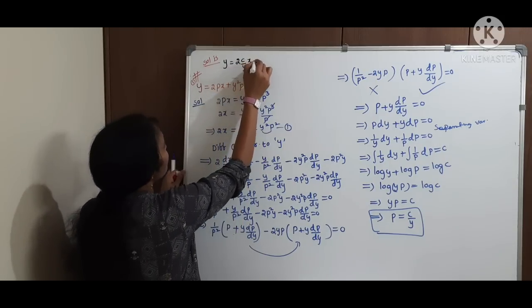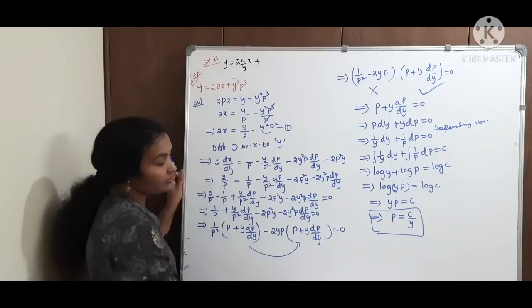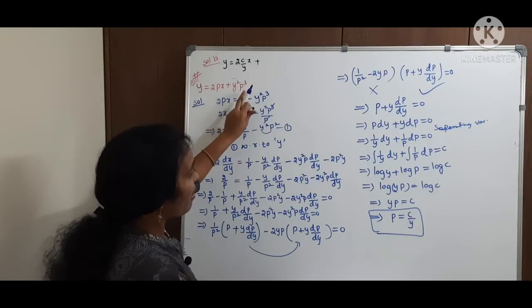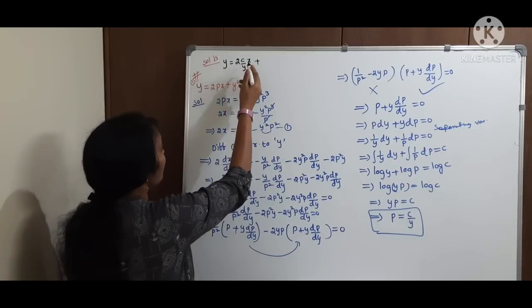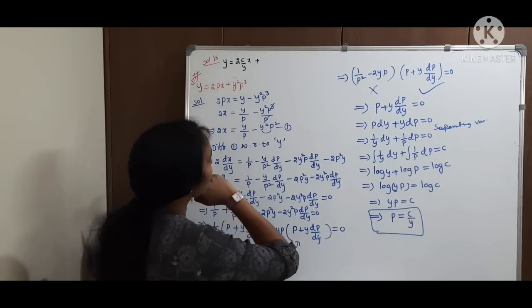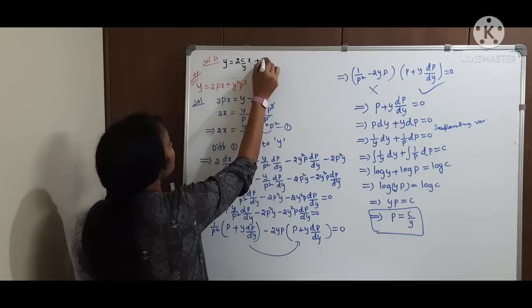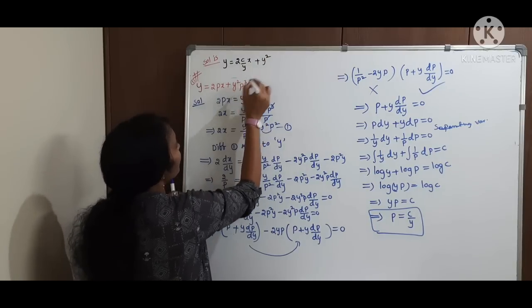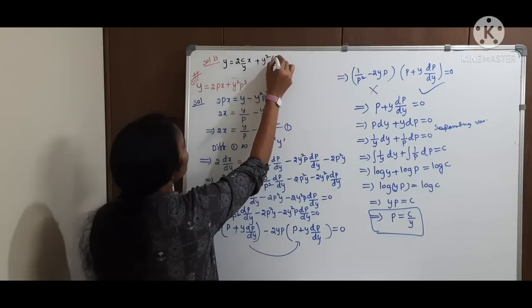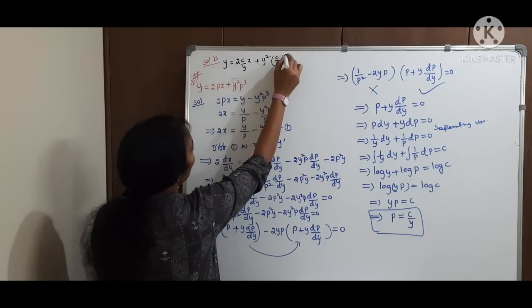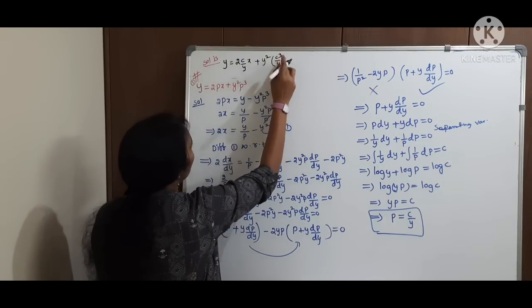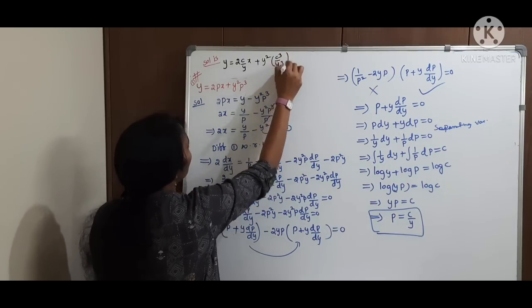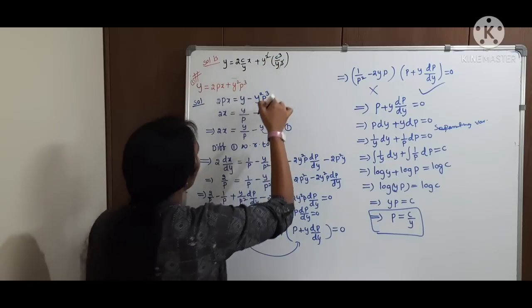into x plus y square here 2cxy next plus y square p cube. P cube means what? c by y whole cube. So what can we write? c cube by y cube. Done? This y square cancels here.